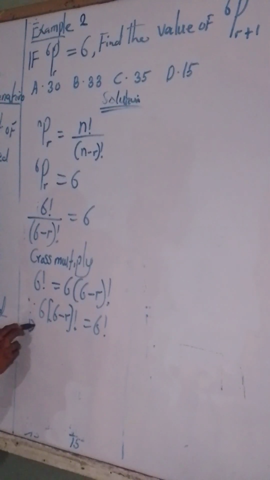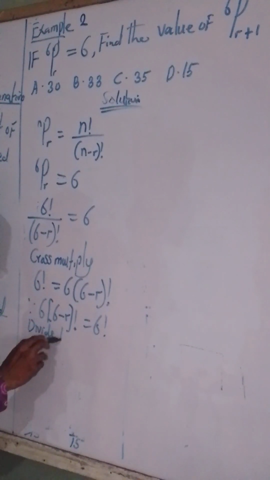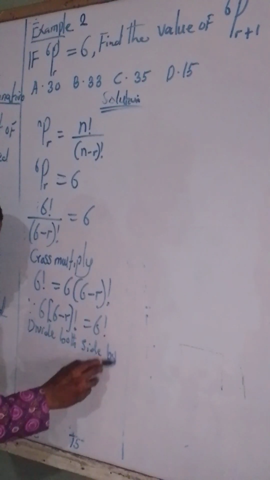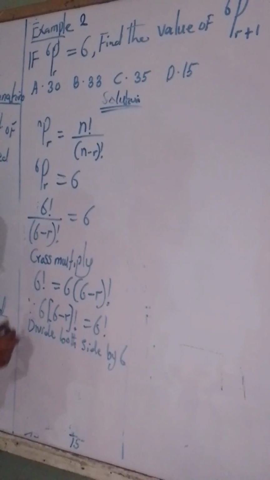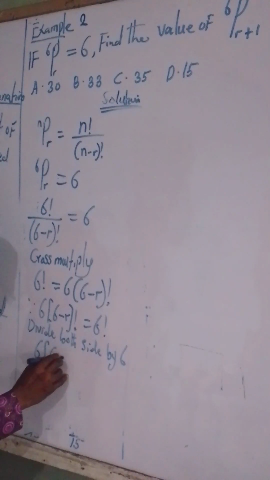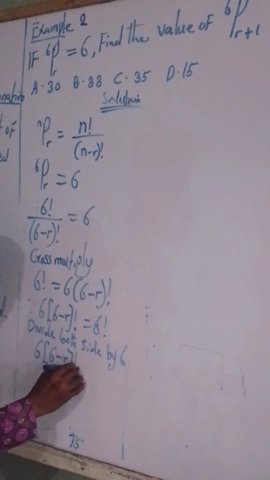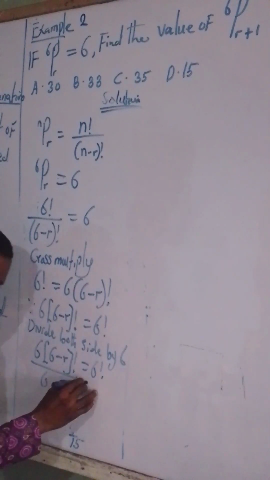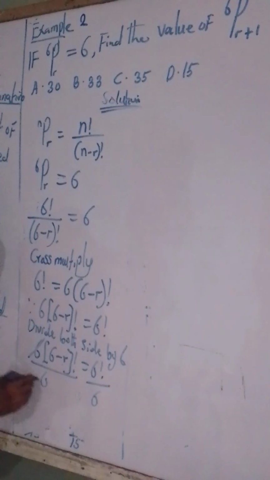Now we divide both sides by 6. So (6 minus r) factorial is equal to 6 factorial divided by 6.